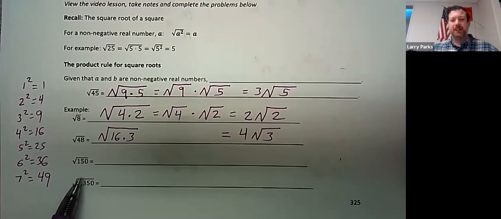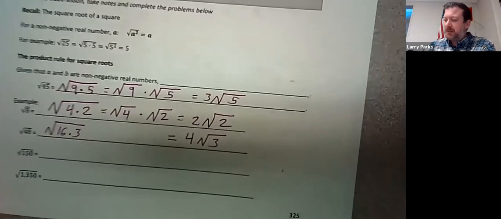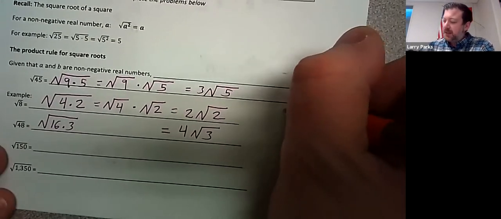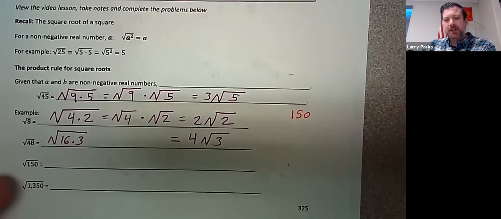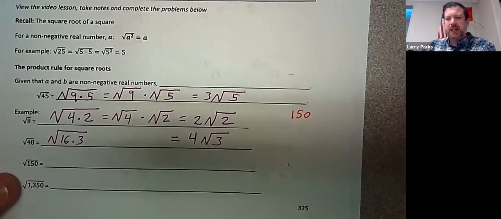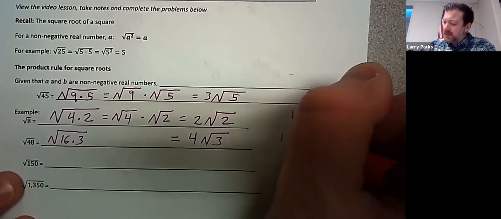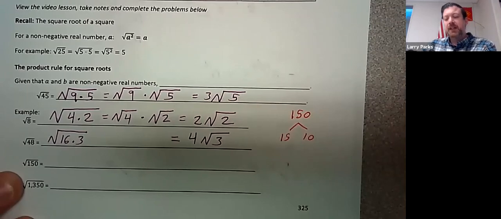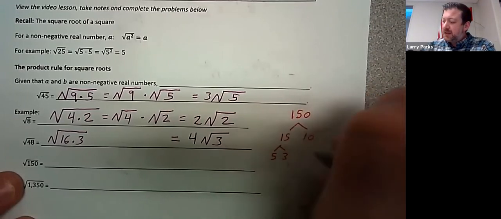150. 150 is a little bit harder to think of. So one thing I have always done when I get to large numbers is I'll write the number and I'll start breaking it down. So I think of 150. 150 is 15 times 10. And then 15 is 5 times 3. But 10 is 5 times 2.